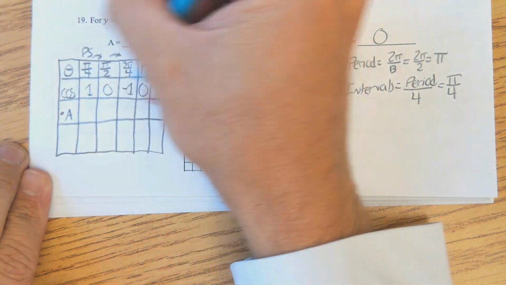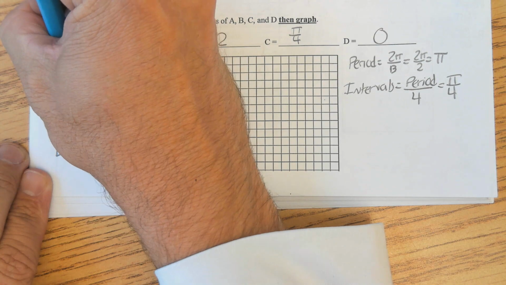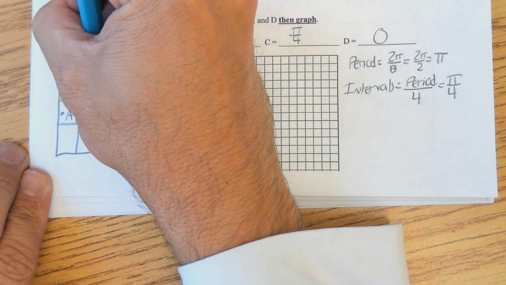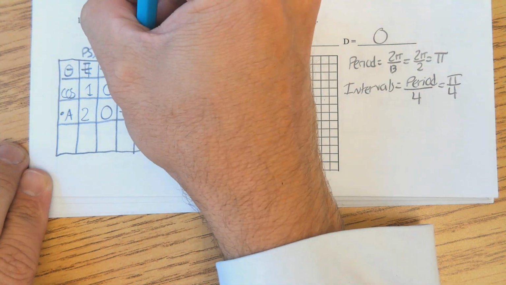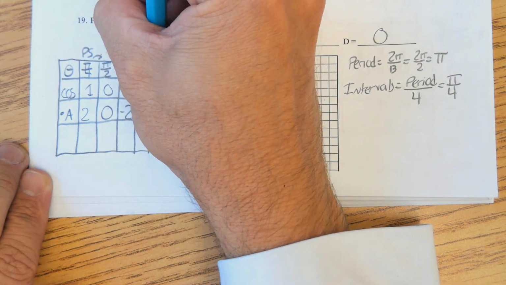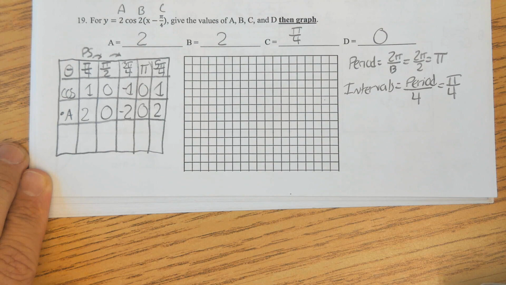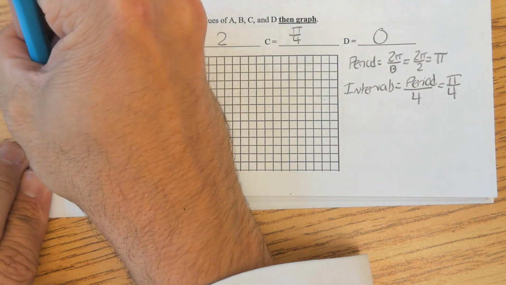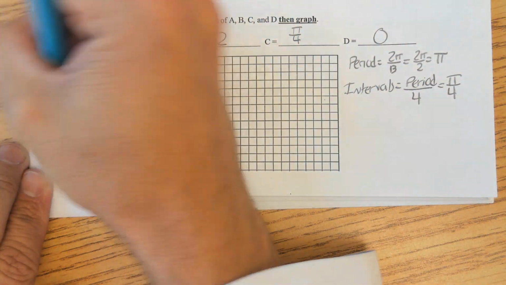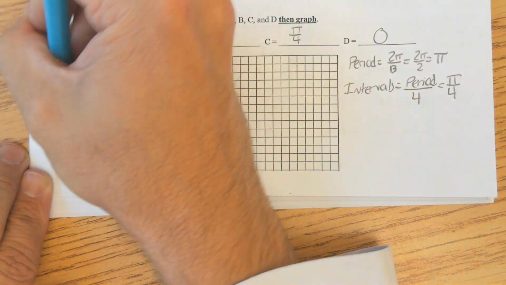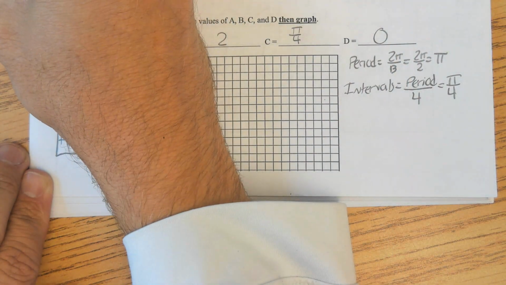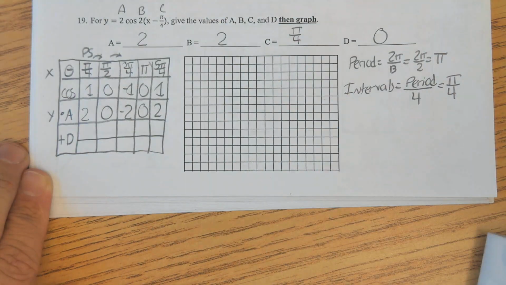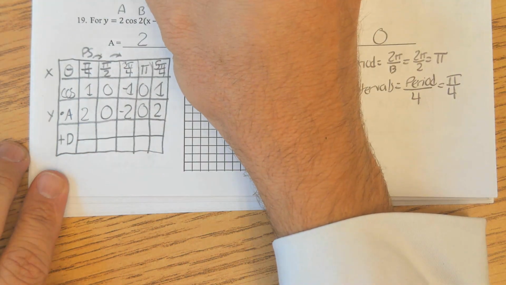We're going to take everything in this row and multiply by 2, so 1 times 2 is 2, 0 times 2 is 0, negative 1 times 2 is negative 2, 0 times 2 is 0, 1 times 2 is 2. Normally we would add or subtract something for D here, but in this case D is just 0, so you don't have to worry about this row. So this is your X, this now becomes your Y. So let's go ahead and graph.